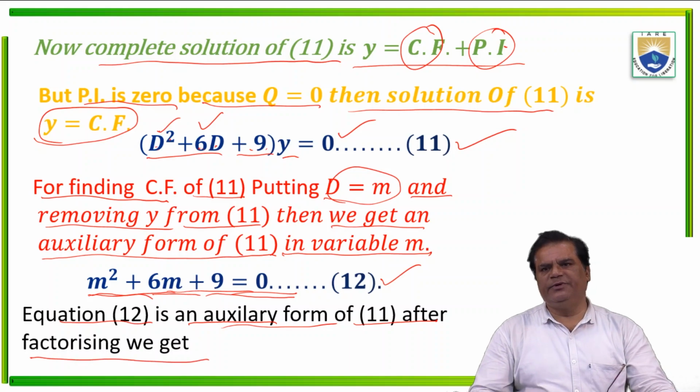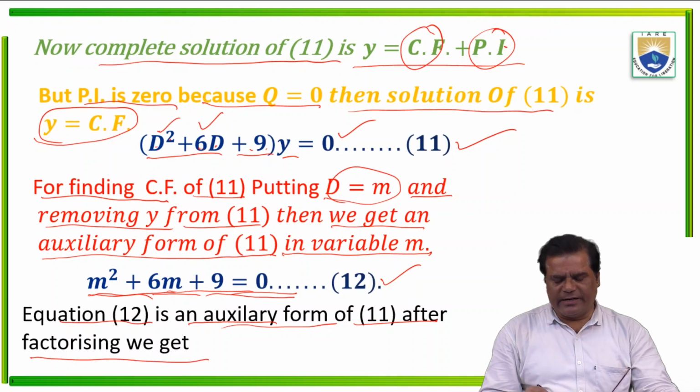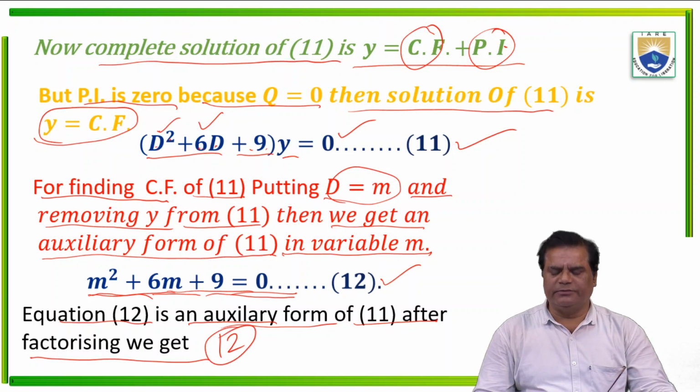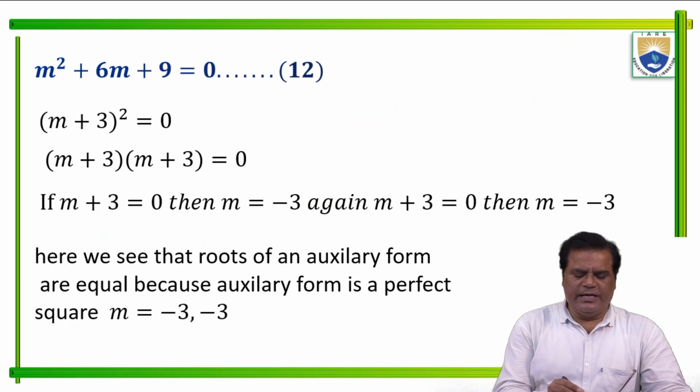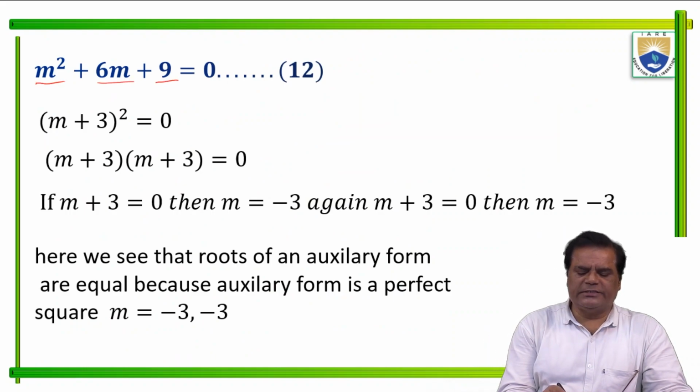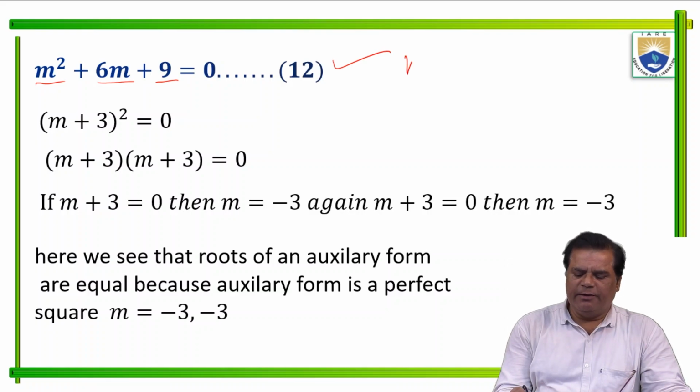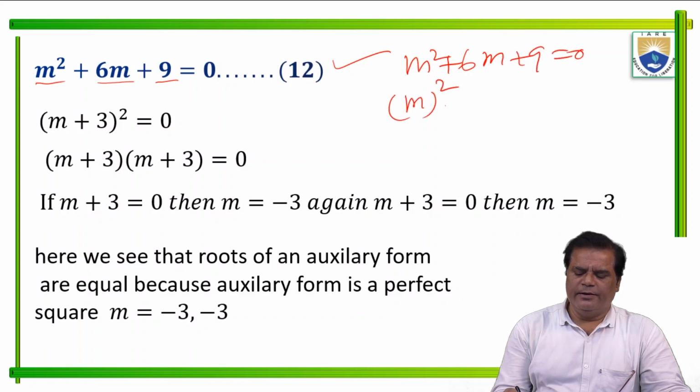After factorizing equation 12, we get the roots of m. Here m square plus 6m plus 9 equal to 0 is a perfect square. This is m squared plus 3 squared plus 2 into m into 3.